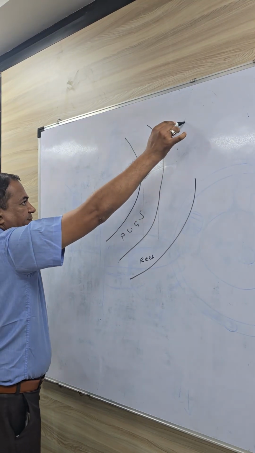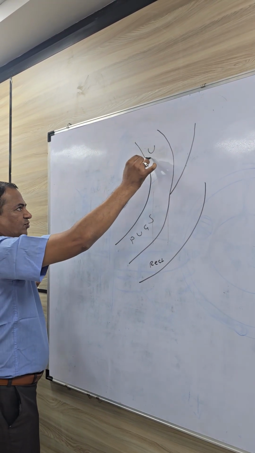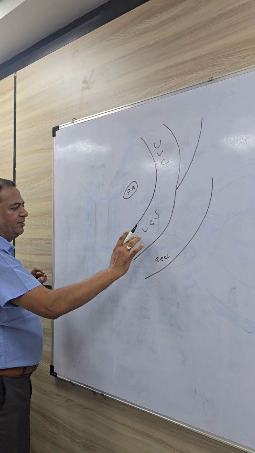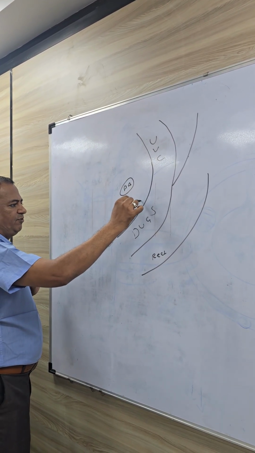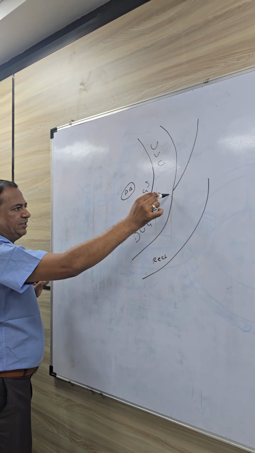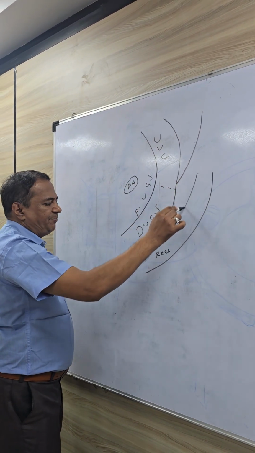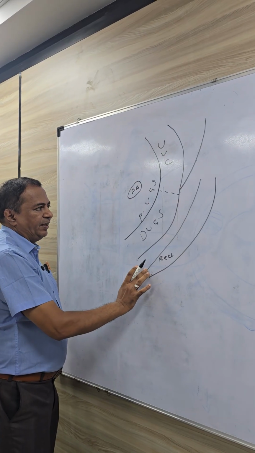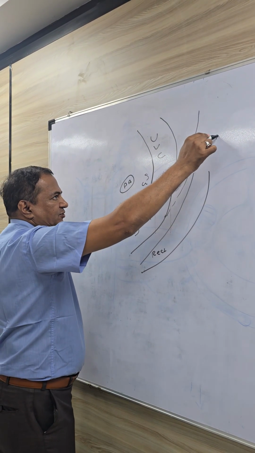Here opens the mesonephric duct, which divides it into the vesico-urethral canal, and now this becomes the definitive urogenital sinus. Previously it was the primitive urogenital sinus. Now it divides into two parts. And now the rectum becomes separate by the urorectal septum. Now here opening like this is the paramesonephric duct.